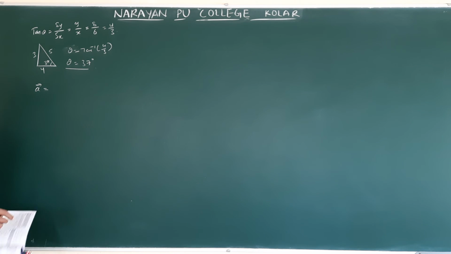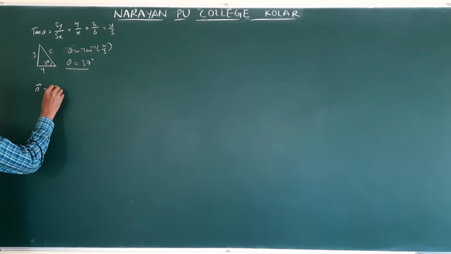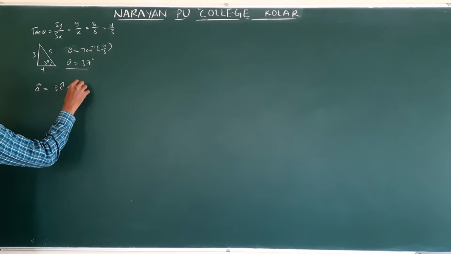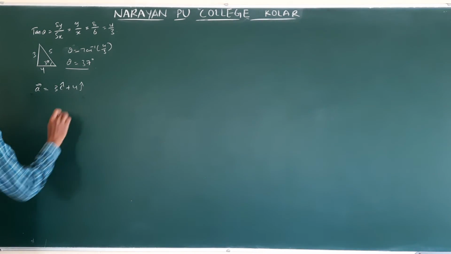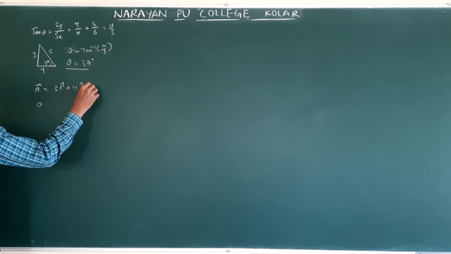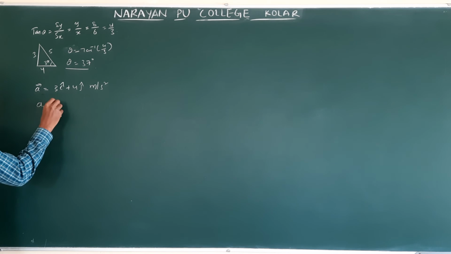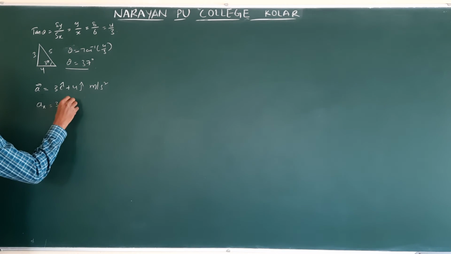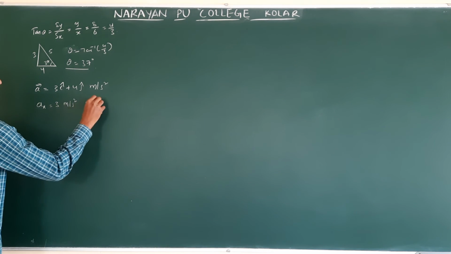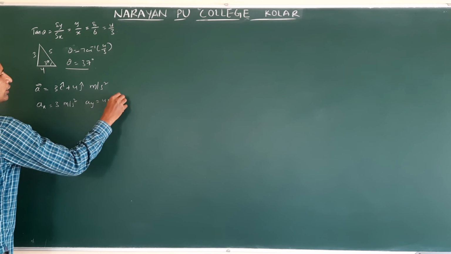How do we write these components? This is meter per second square. ax is the x component, 3 meter per second square. ay is equal to 4 meter per second square.